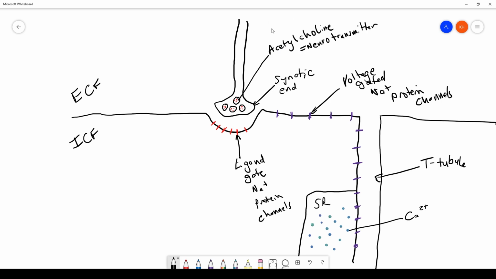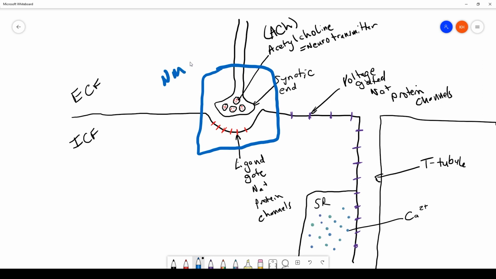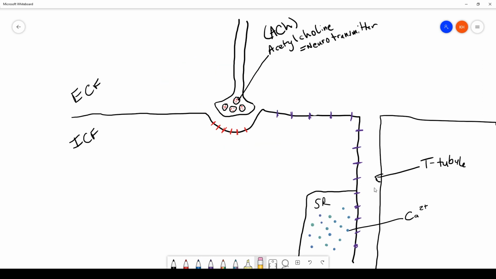We abbreviate this as ACH for short. This entire structure here is referred to as the neuromuscular junction, or NMJ. Now that we have all of our structures organized, let's talk about how we get contraction.